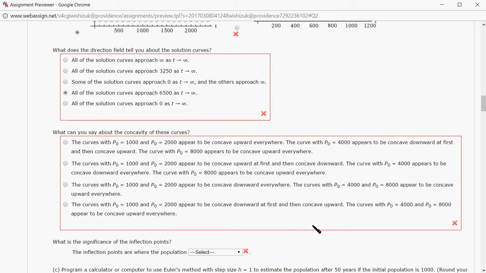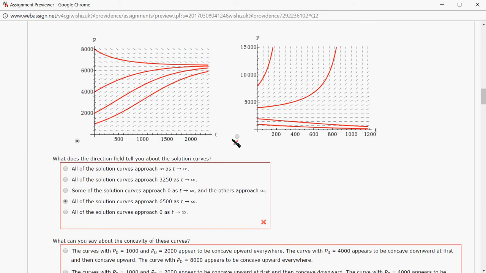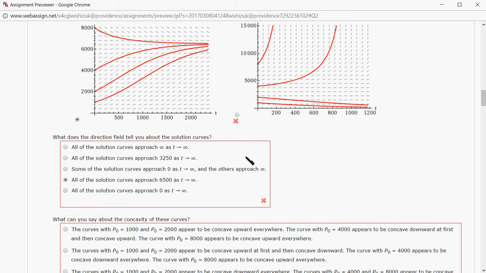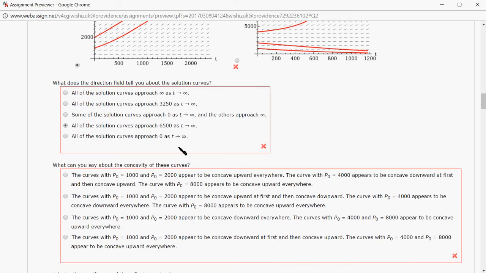Then, what can you say about the concavity of these curves? Looks like it's concave up in the beginning and then concave down, or concave down all the way, or concave up all the way. So let's see. 1,000 and 2,000 appear to be concave upward everywhere.